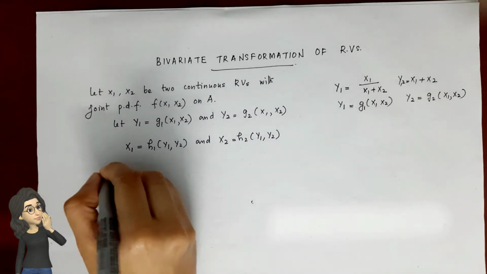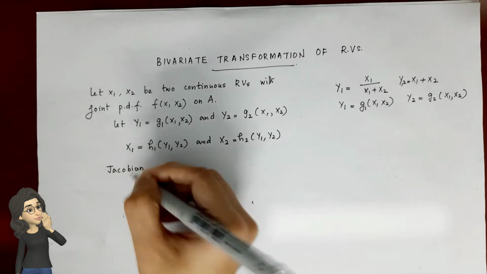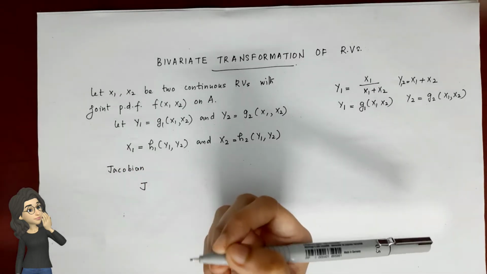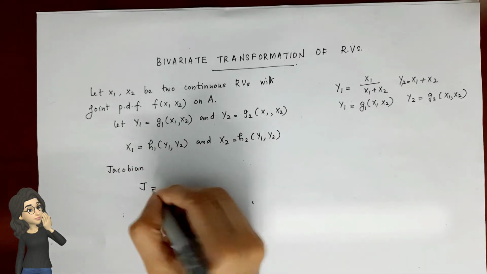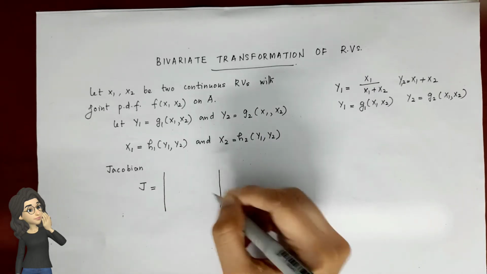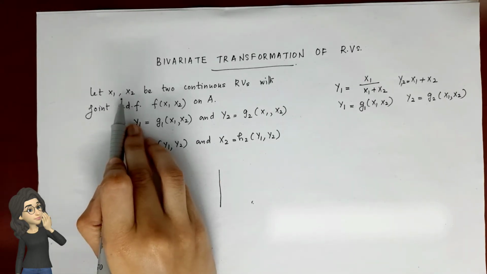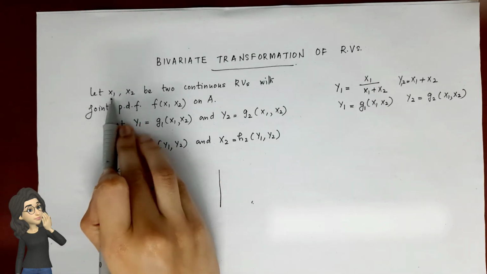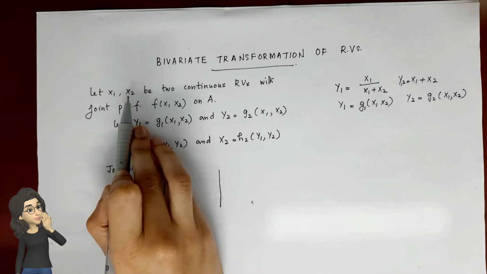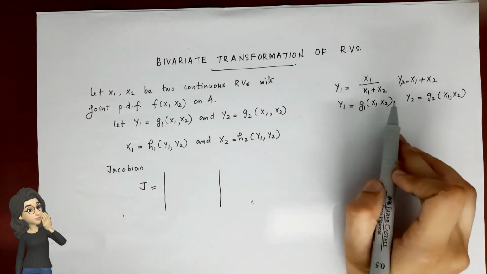Now we require to find a Jacobian. A Jacobian is denoted by J, which is equal to the determinant of a matrix. Here it is a 2 by 2 matrix, because we have two random variables, the bivariate random variable, which is being transformed to y1 and y2.